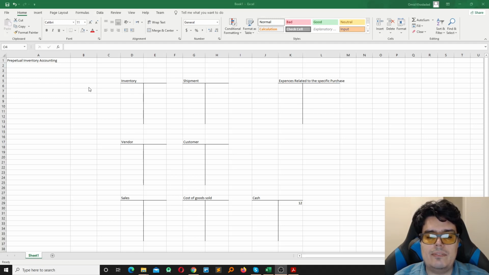It means that when we take the trial balance of our account, we will see the amount of inventory is somehow matching with the real items which we have in inventory.